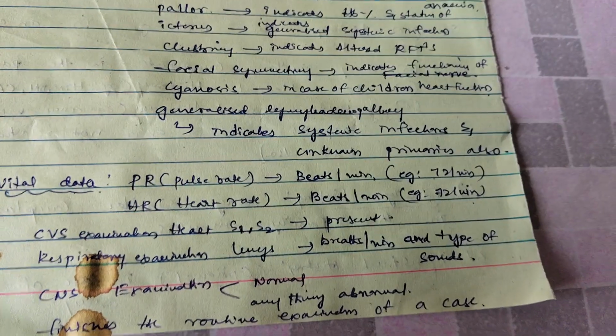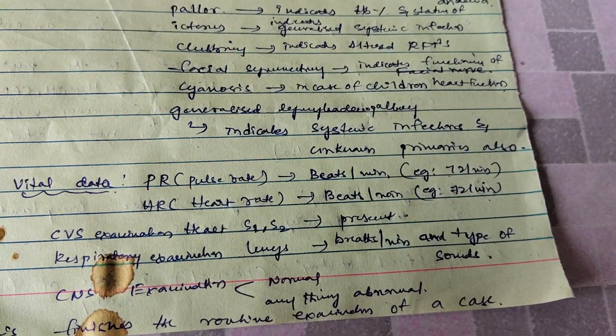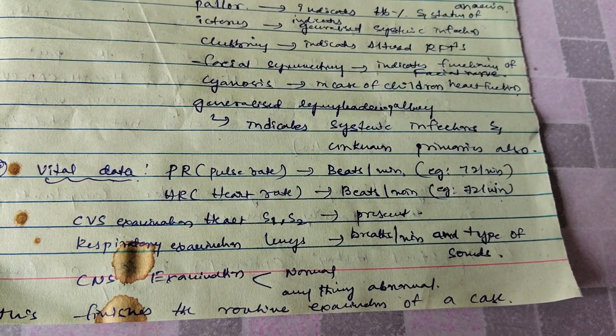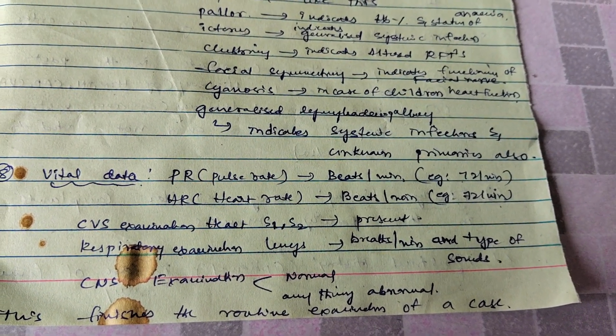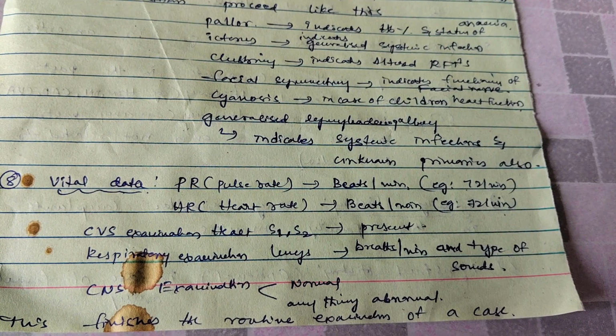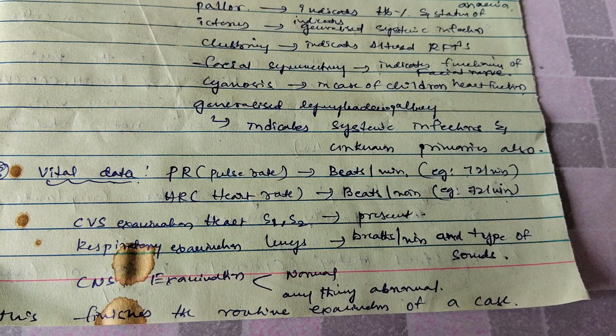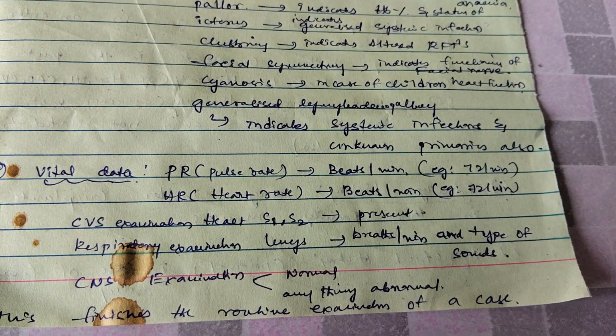See here in ENT, we are definitely not deviating from the ENT. CNS examination is important because you may have glomus tumors and acoustic neuromas in the middle cranial fossa. So many big swellings you have.